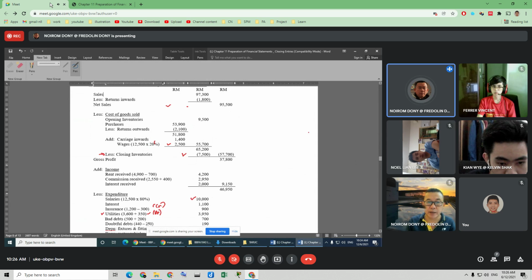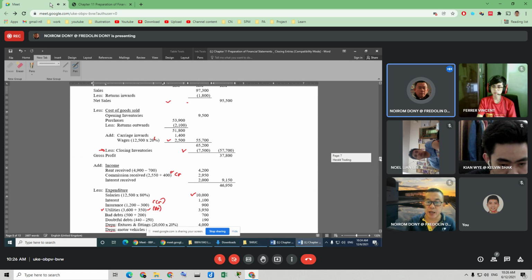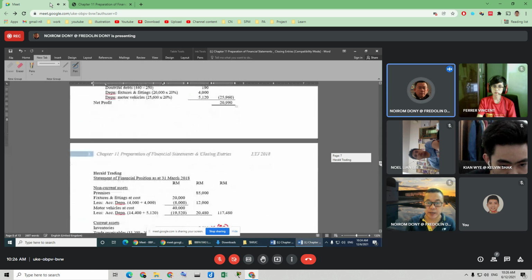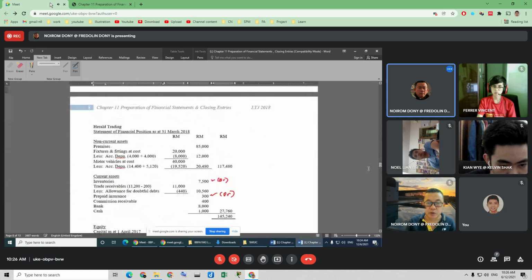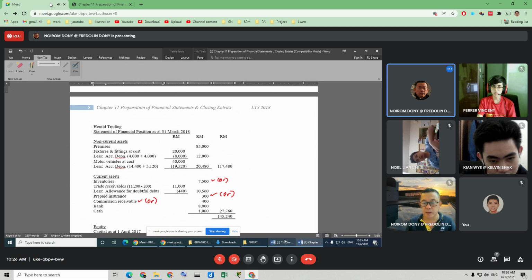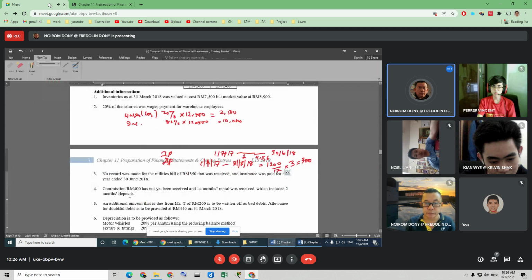This is a debit item, isn't it? So plus 400 debit item, so this is actually crediting. Where is the debit? The debit is under assets, a current asset. So under current assets, we have commission receivable. So this is the debit. Now next one.